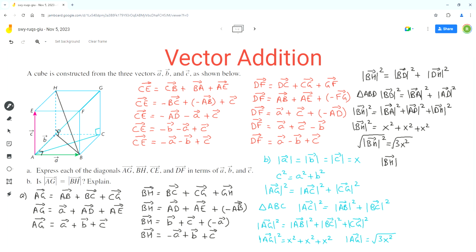So magnitude of BH is equal to square root of 3x squared, because the square and the square root on the magnitude of BH get cancelled. So this proves that the magnitude of AG is equal to the magnitude of vector BH.